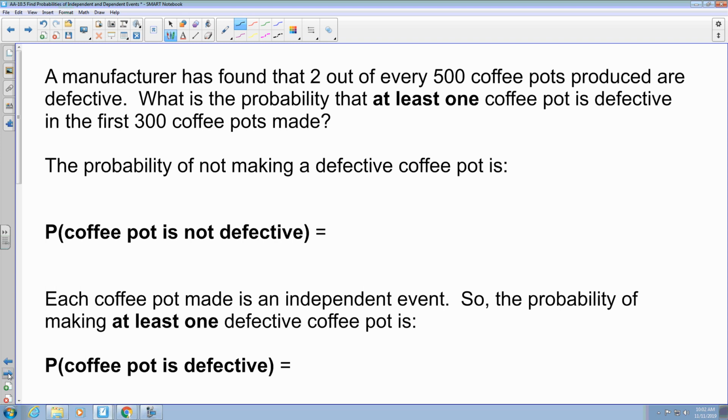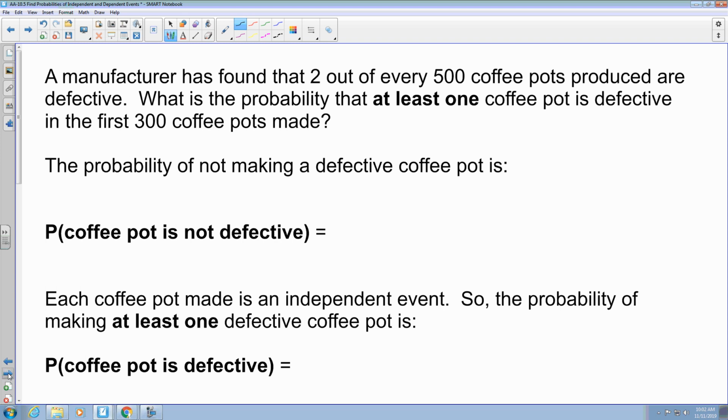It says that a manufacturer has found out that 2 out of every 500 coffee pots produced are defective. What is the probability that at least one coffee pot is defective in the first 300 coffee pots made? So here it says the probability of not making a defective coffee pot is what?